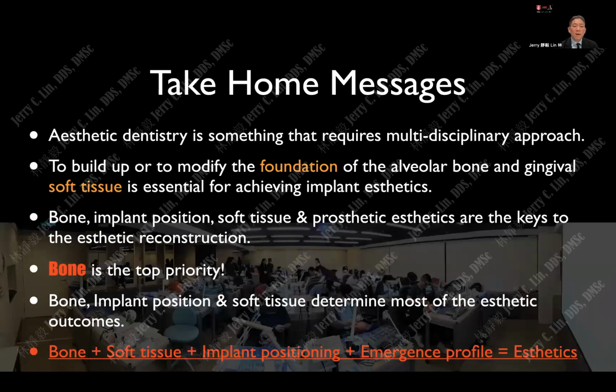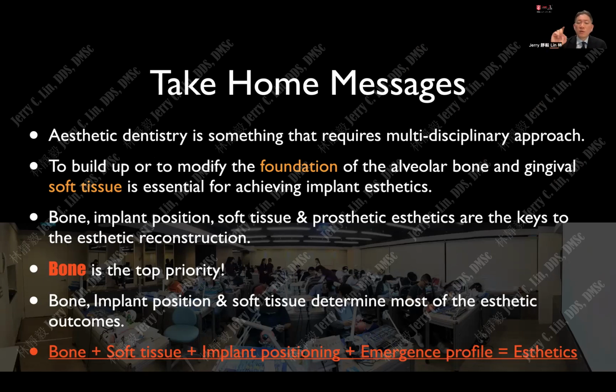Okay. So the take-home message for today's lecture: aesthetic dentistry requires a multidisciplinary approach to build up or modify the foundation of the alveolar bone and gingival soft tissue. They're both essential for achieving implant aesthetics. In other words, bone, implant position, soft tissue, and prosthetic aesthetics are the 4 keys to aesthetic reconstruction.